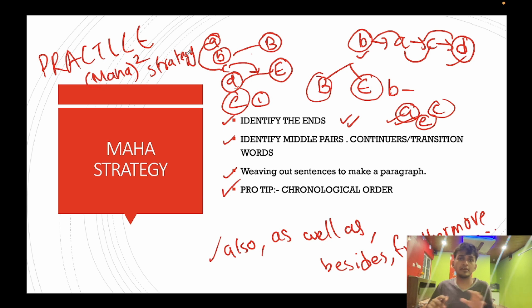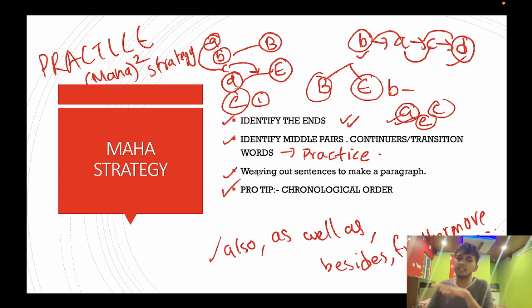Practice is the only Maha square strategy, and if you miss out on that, you're missing out on everything else. Once you know what the continuity and transition words are, which you will get by practice, because it's not practical to learn a set of words by heart.